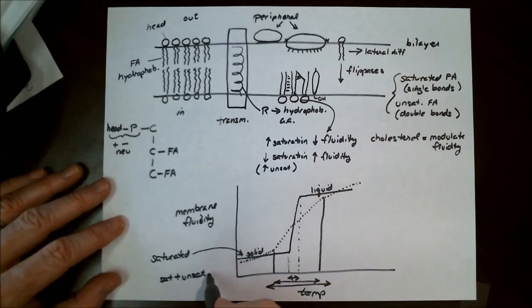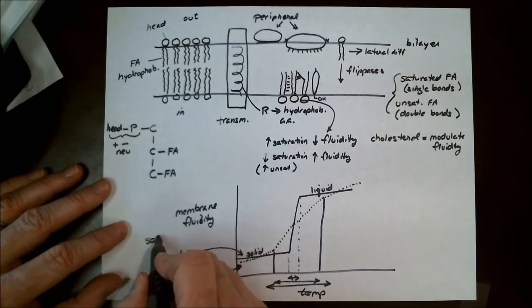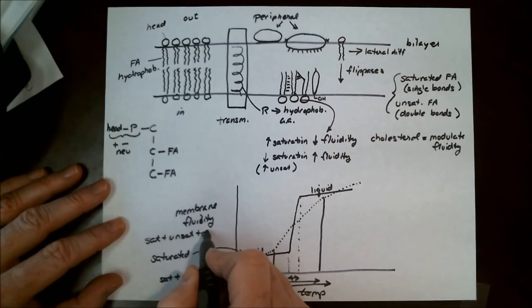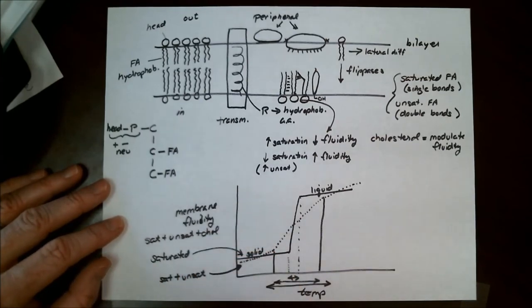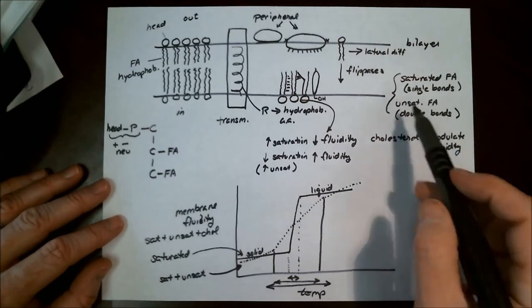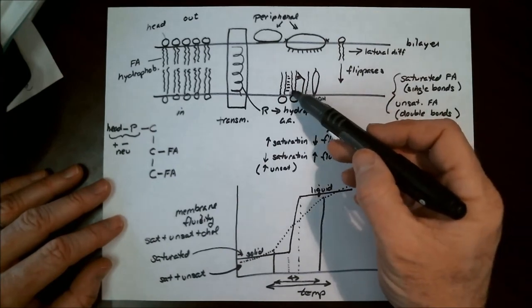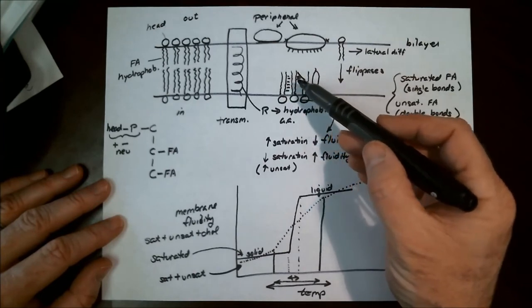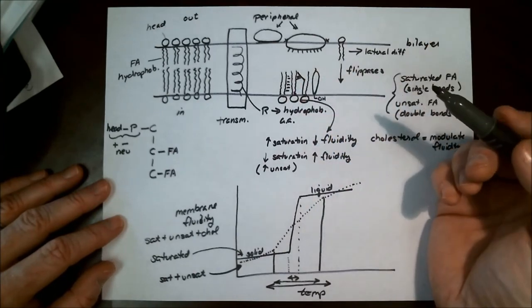Now we can take this one step further and add cholesterol. Cholesterol serves to modulate the fluidity, as we discussed, by fitting in between the phospholipids and either disrupting interactions or enhancing interactions.